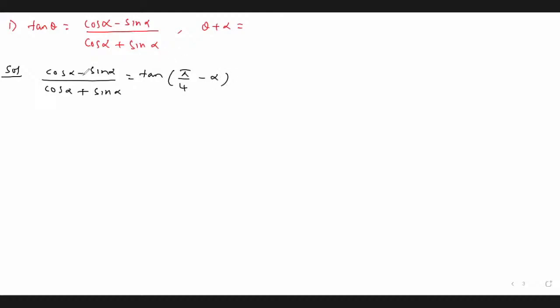If you want, you can copy it. Cos alpha plus sin alpha by cos alpha minus sin alpha can be written as tan pi by 4 plus alpha, right? So if it is positive in the numerator, you should get plus alpha. If it is negative, then you should get negative.